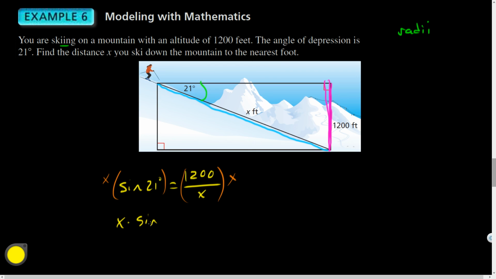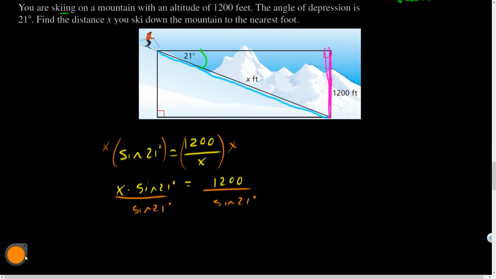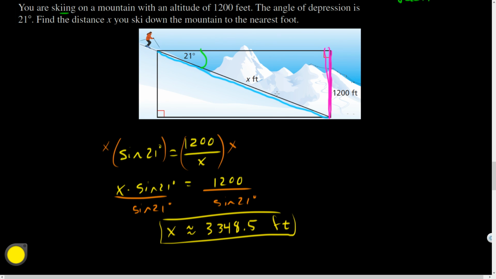So x times sine of 21 is equal to 1,200. Remember, sine 21 is just some number, a decimal, right? So divide both sides by sine of 21, and we should get approximately 3348.5. And that looks like feet to me. So that's the length of the slope there, if you descend 1,200 feet at a 21-degree angle of depression.